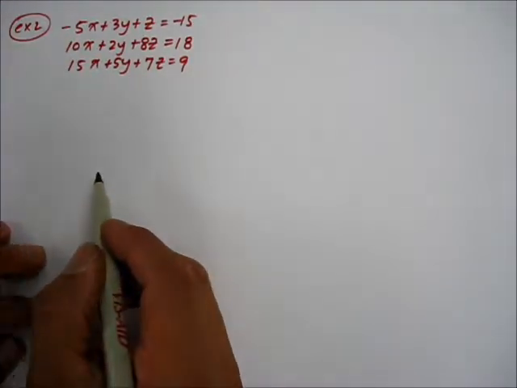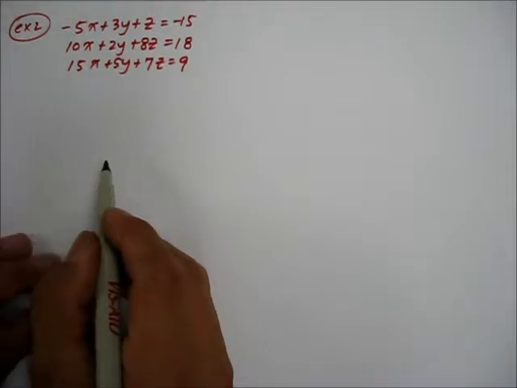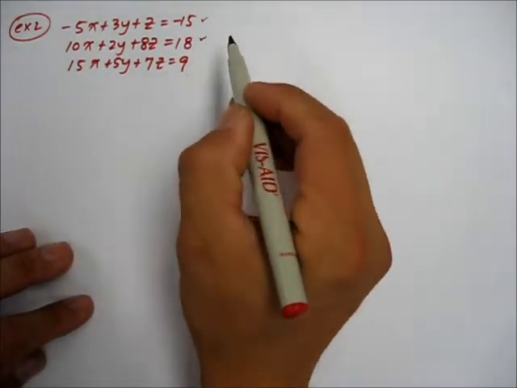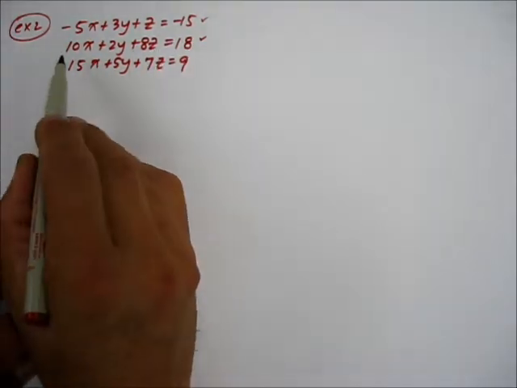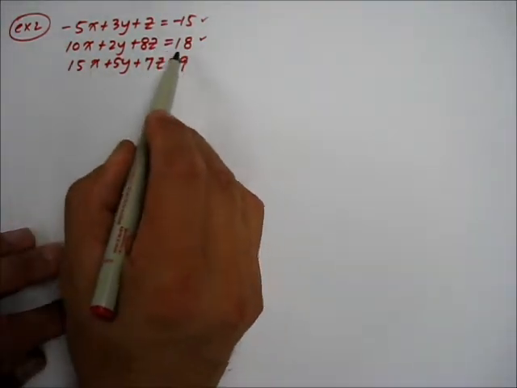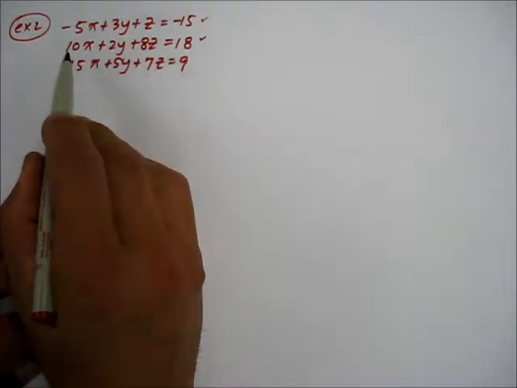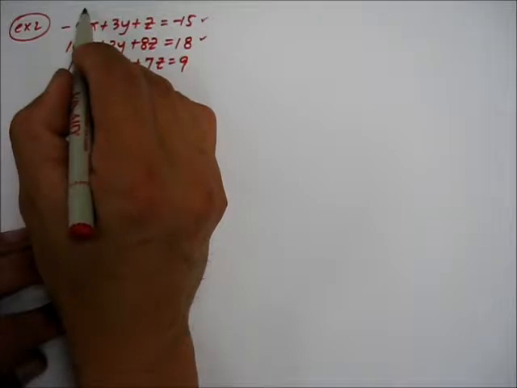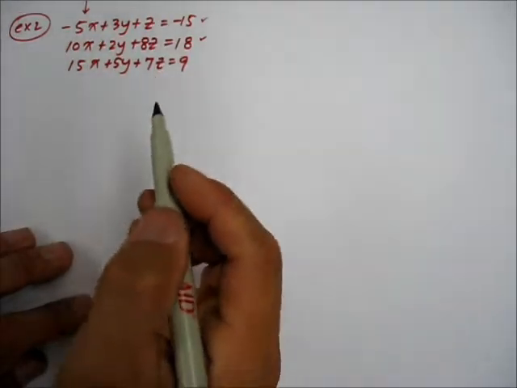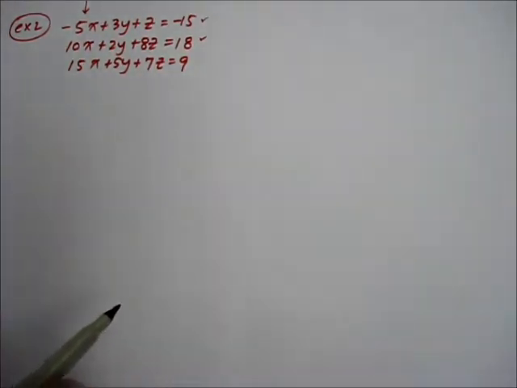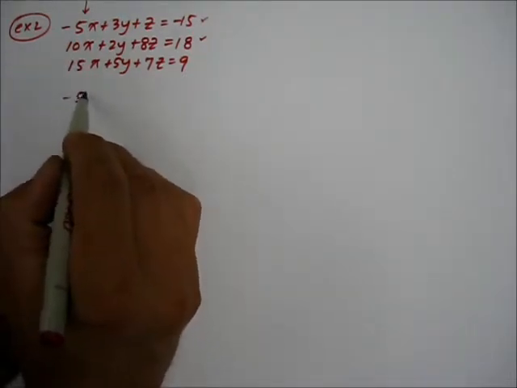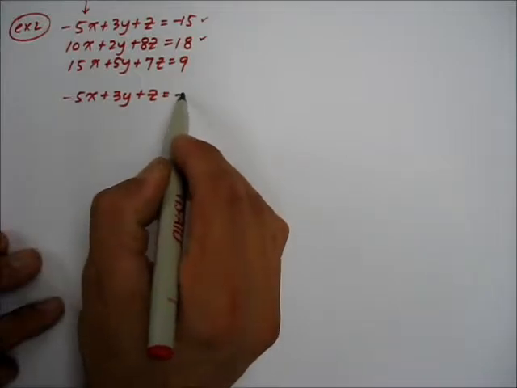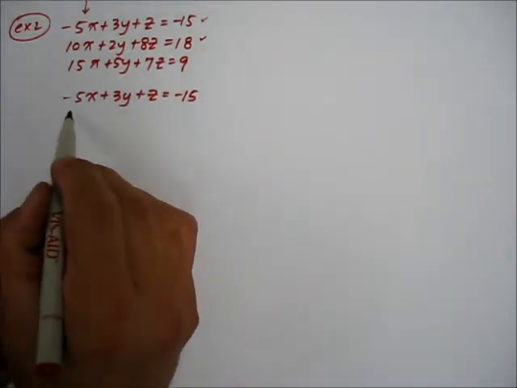Okay, so now we're going to try to solve this one. Again, like before, let's take the first and the second equation. It's totally up to you, but I feel like solving for x this time. So I'm going to write the first equation and the second equation, and this time I'm going to eliminate the x's.